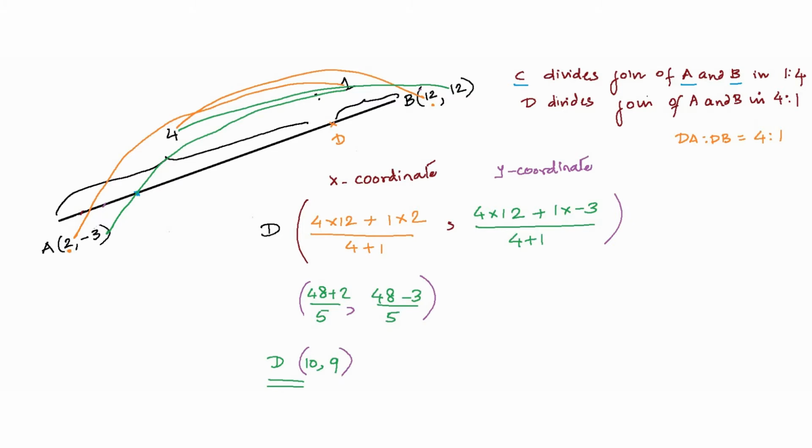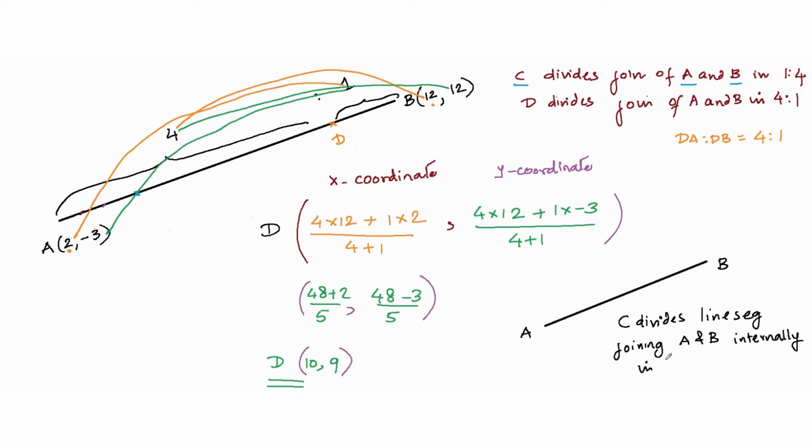So what I mean by that is, assume that you have a line segment AB, and if C divides the line segment joining A and B internally in the ratio m:n, it means that the point is internal to this line segment.